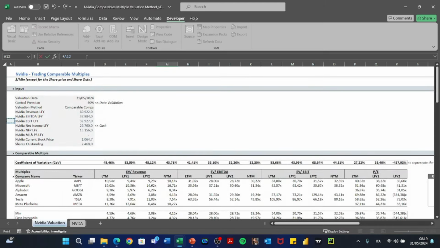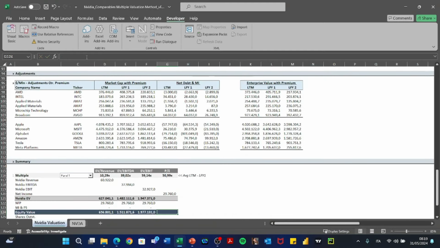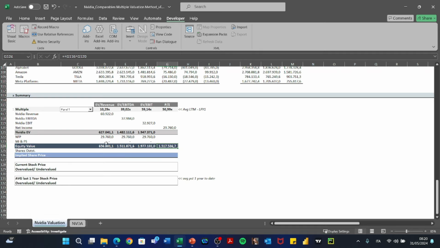Let's now calculate. We're going to calculate directly the equity value when we use the price to earnings, because this is an equity metric, not an unlevered metric.